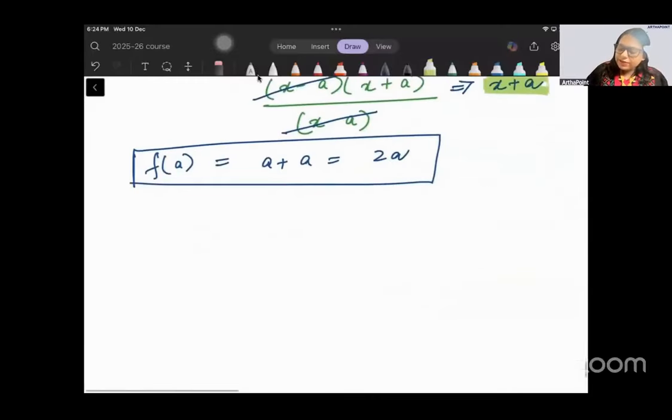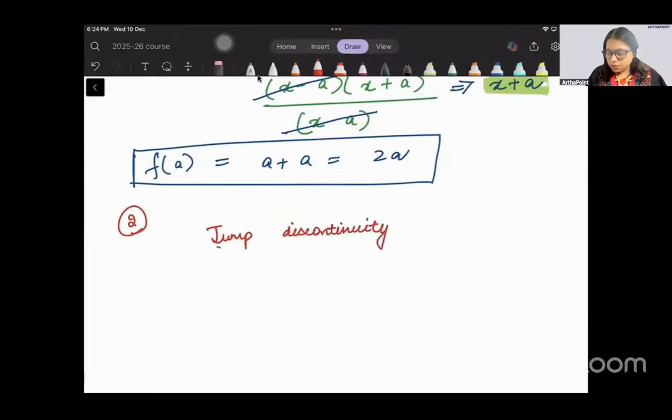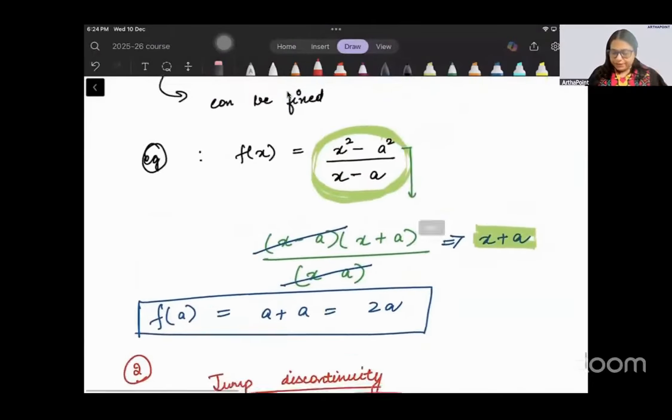The second one that we have, that's called as jump discontinuity.